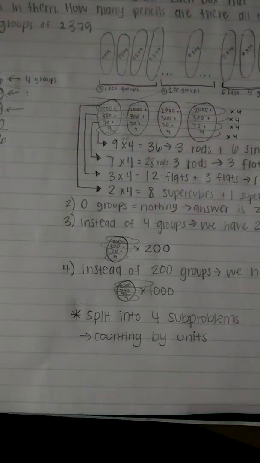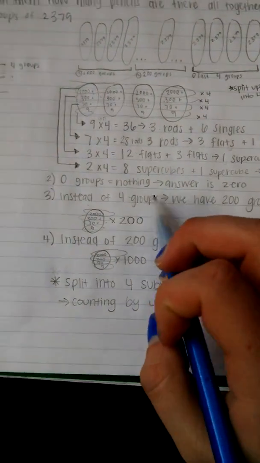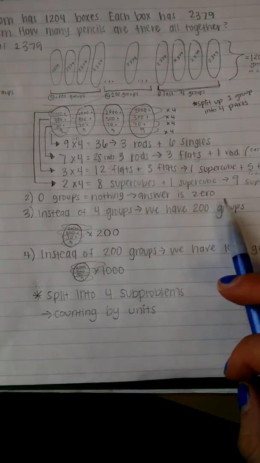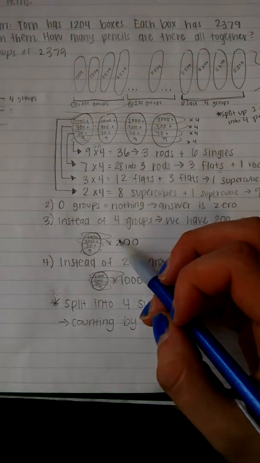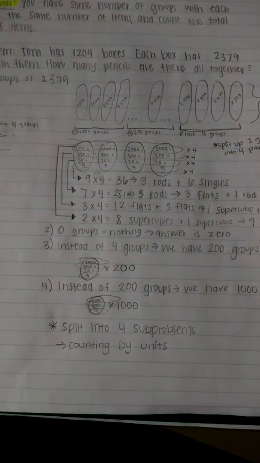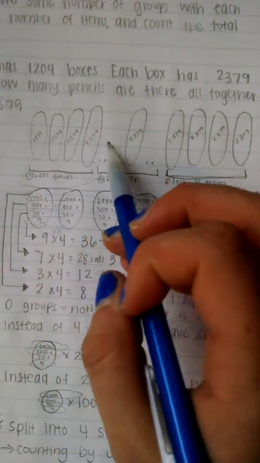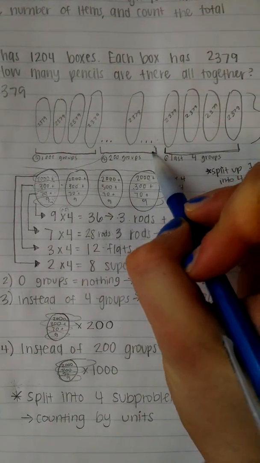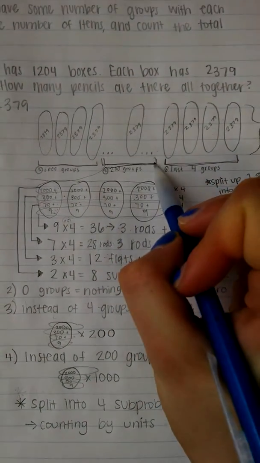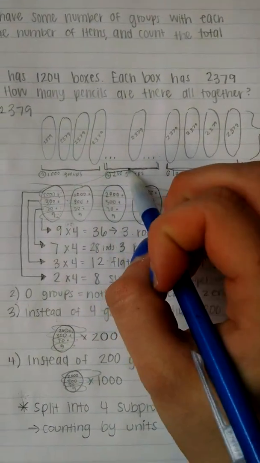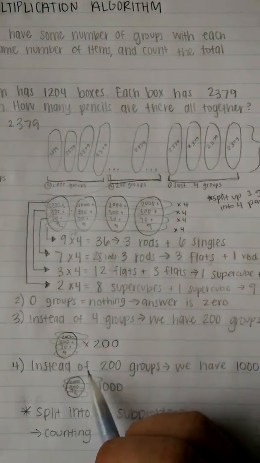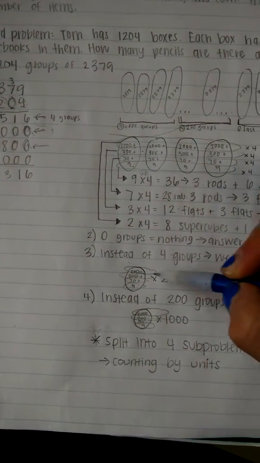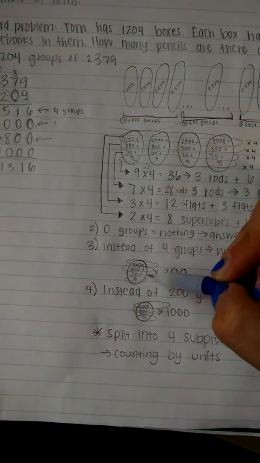Instead of 4 groups, and instead of 0 groups, we have 200 groups of 2,379. As you can see, we have the 1,204 groups right here. If we took out 200 groups from this 1,204, this is what we would do. I drew it out again like we did up here.